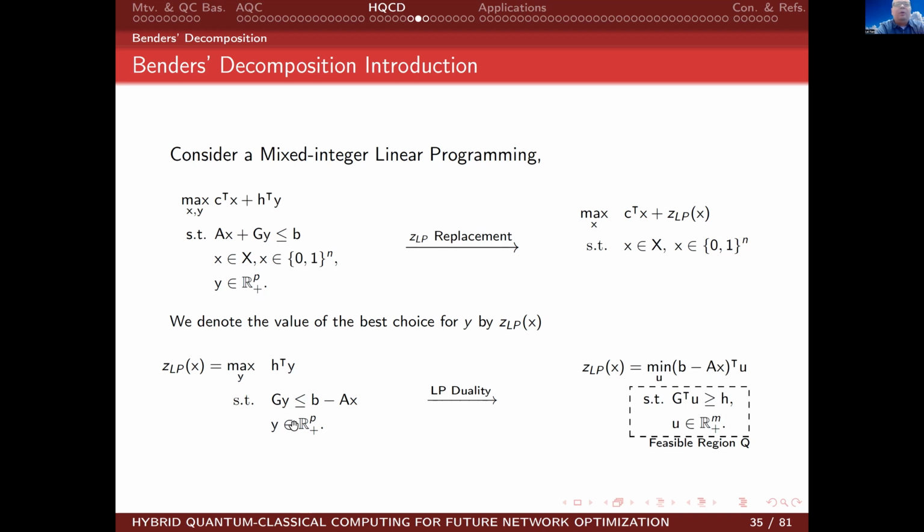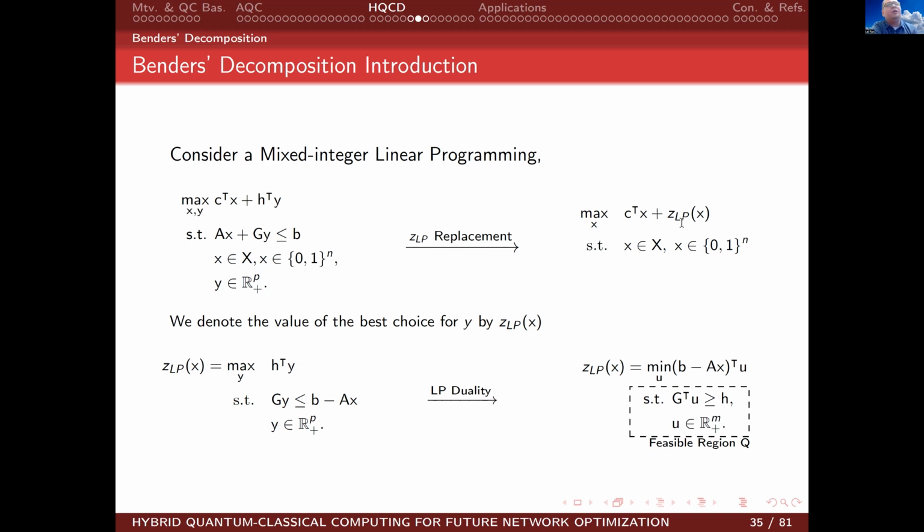And for this subproblem, normally we use its dual formulation because it can easily help us get the extreme points and extreme rays. Look at the top right formula, z_LP. z_LP is a function, right?